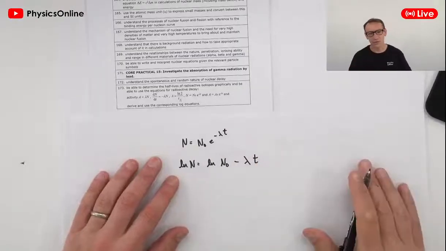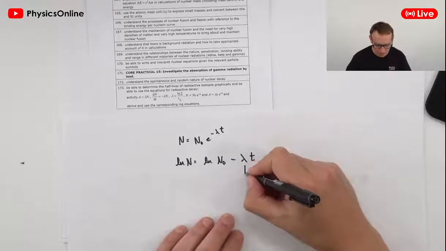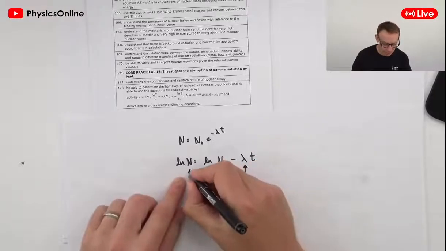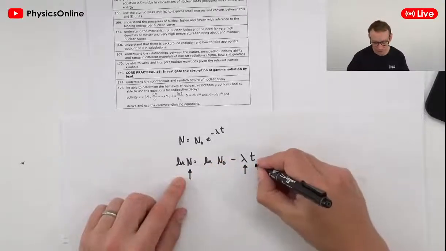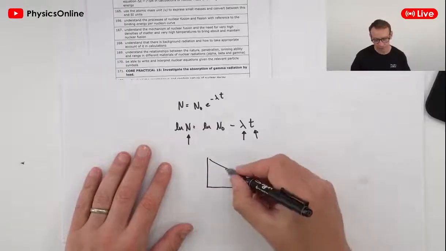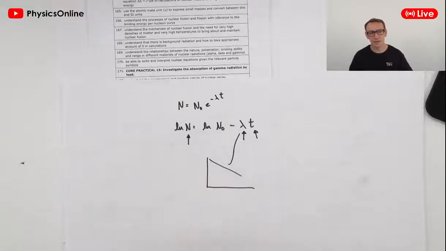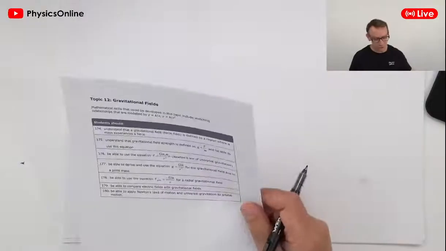And that's important because it means that you can maybe work out the value of this decay constant if you knew maybe the number of particles or the activity at certain times. That might then be plotted on a graph that might look like this, and the gradient might well be related to this decay constant.